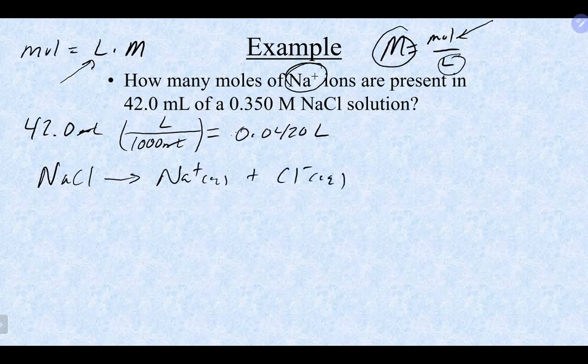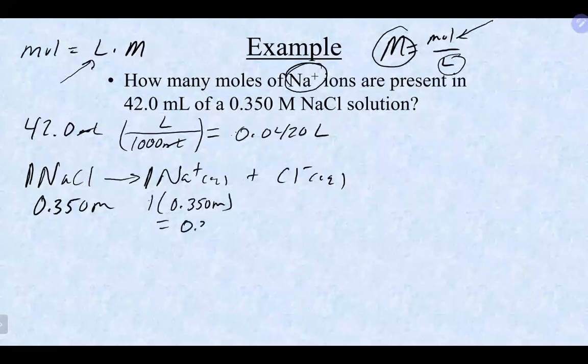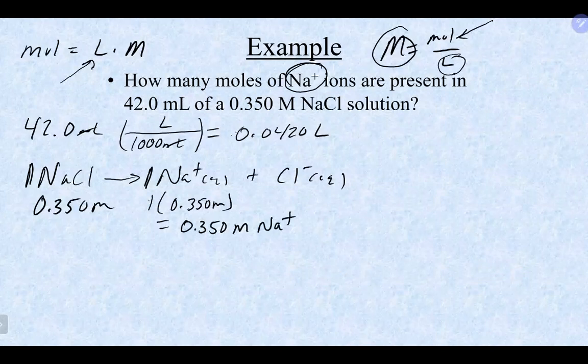And in the case of sodium chloride, it is 0.35 molar, which means it is a 1-to-1 relationship between the sodium ion and the entire thing, which means 1 times 0.35 molar gives us 0.35 molar of the sodium ions. So the concentration is the same because it's a 1-to-1 relationship. Also, the chloride ions, if you're interested in them, would also be 0.35 molar.